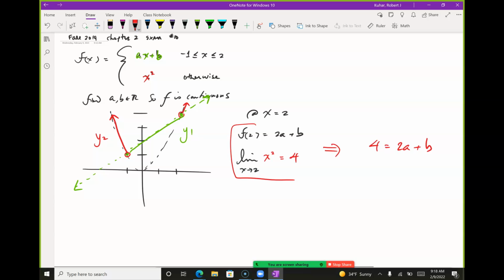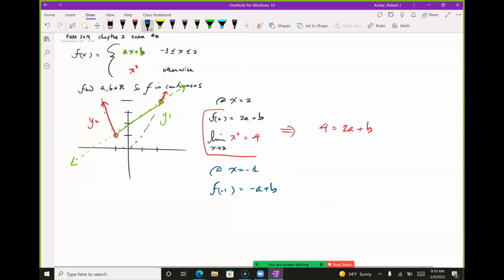Now, on this particular problem, I could use the method I already used. But I could give you a problem where you can't use that method, so I want you to be comfortable with both of these. Now I've got to repeat this process at x equals -1. When I find the function, again I'm using the green function, and that's going to give me -a plus b.